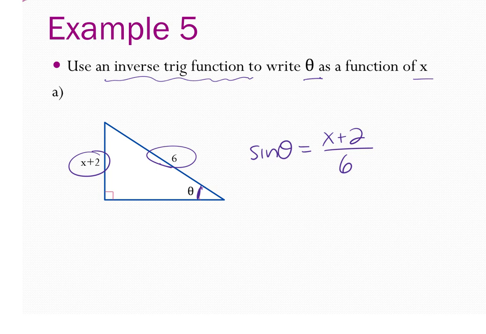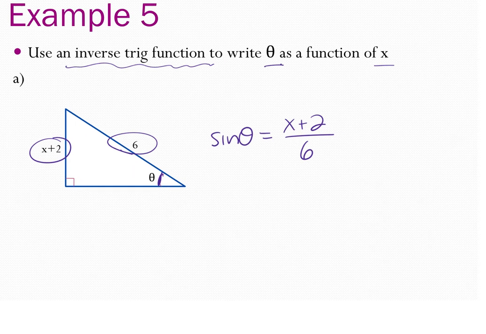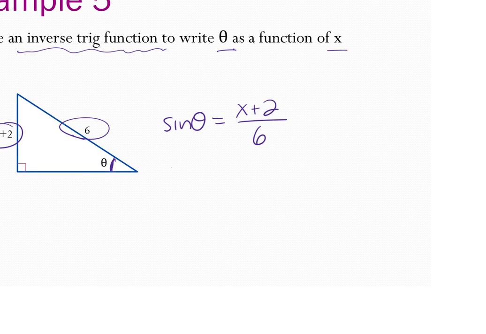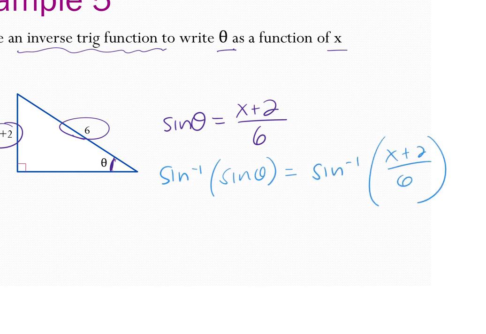How do I get rid of the sine of theta? What's the opposite of just sine? Or the inverse of just sine? Sine -1. You can either arc sine it or sine -1, but it would be sine -1 of sine theta would equal sine -1 of (x plus 2) over 6.